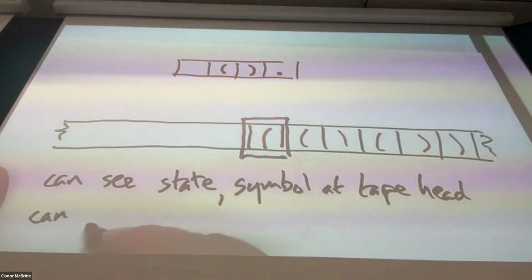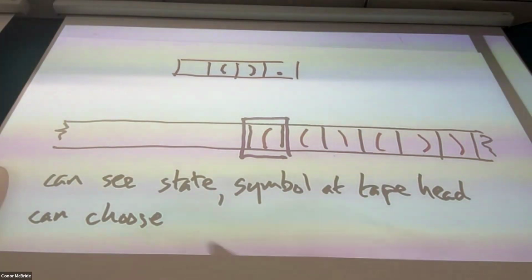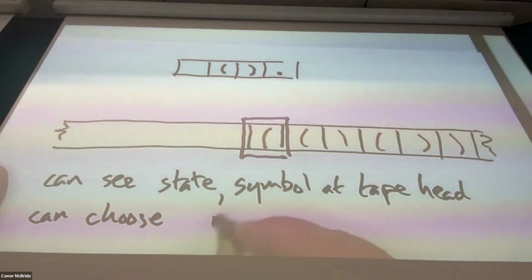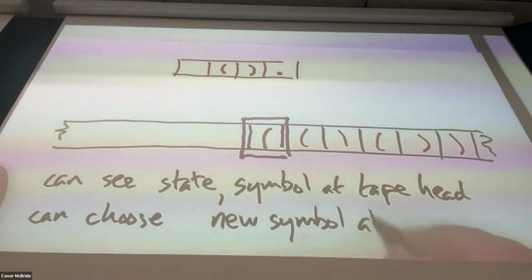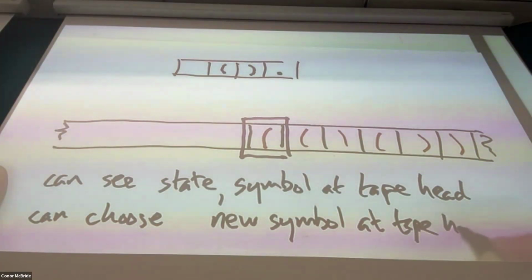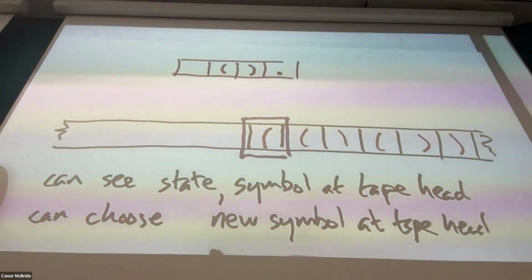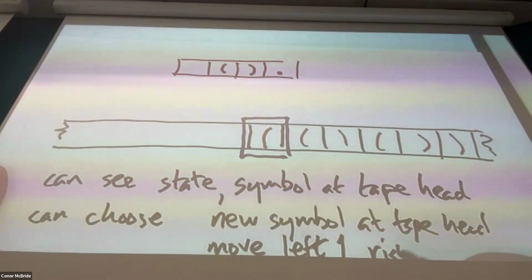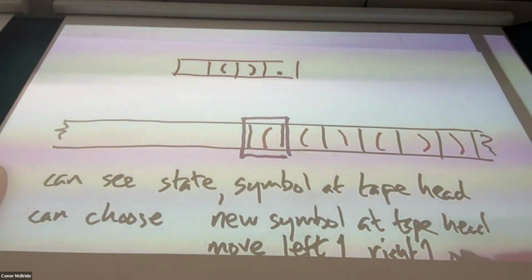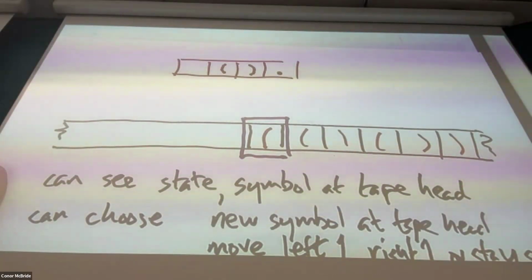It can choose a new symbol at tape head, move left one, right one, or stay still, and a new state.